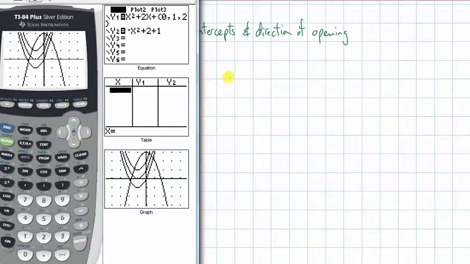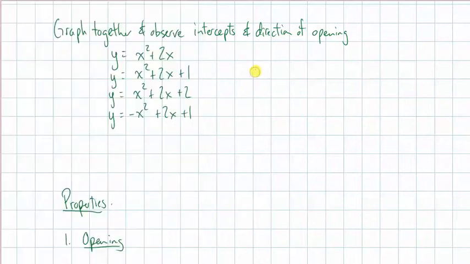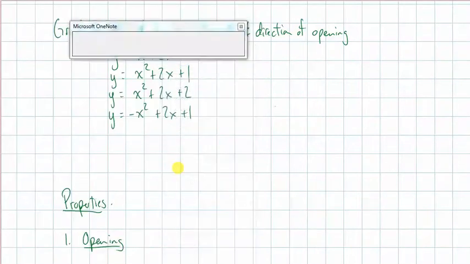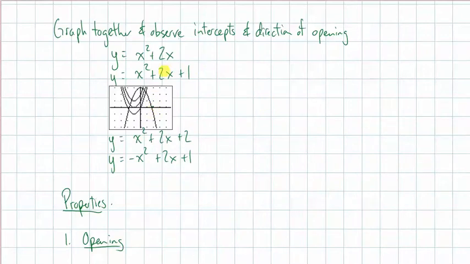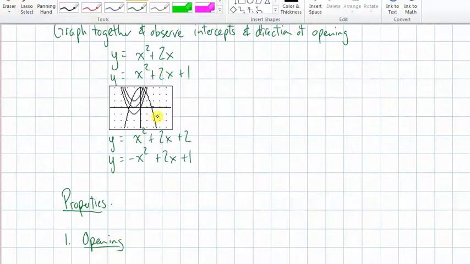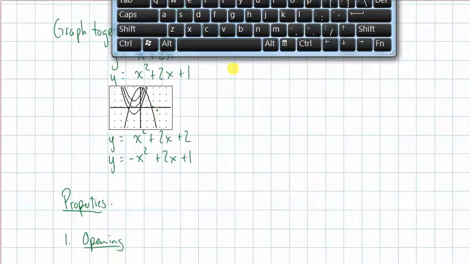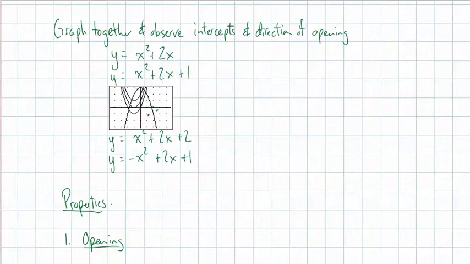Now, I'm going to copy this and put this into our notes, and then I want to comment about it a little bit. So let me grab that image. Bear with me while I grab this image. There we are.